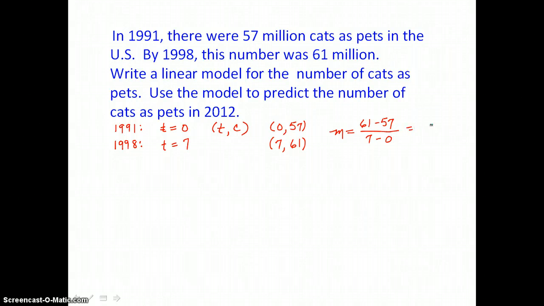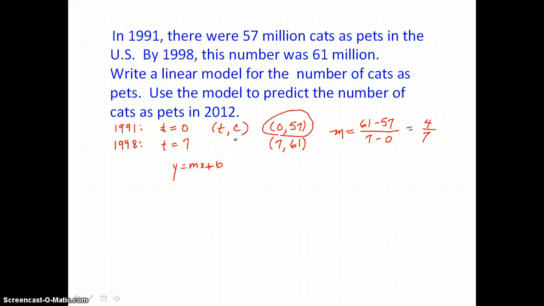So in the top I'm getting 4, and in the bottom 7. So my slope is 4/7, and in this point I'm given the y-intercept, because when x is 0, this is the y-intercept. So I can use slope-intercept form, y equals mx plus b, to write the equation of this line, because I know the slope and I know the y-intercept.